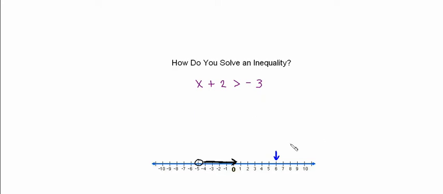We're going to plug in 6 for x in the original inequality. 6 plus 2 should be greater than negative 3. 6 plus 2 equals positive 8, and positive 8 is greater than negative 3. So that's a true statement. So we solved this inequality correctly.